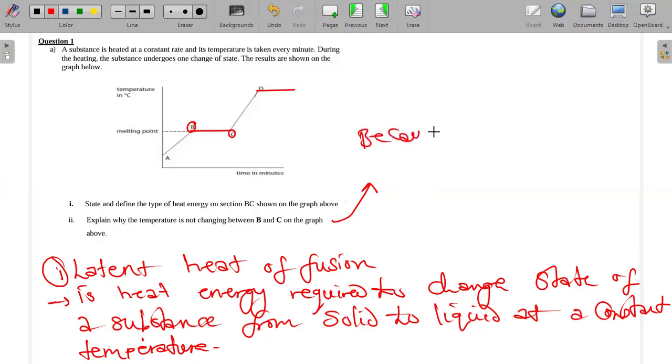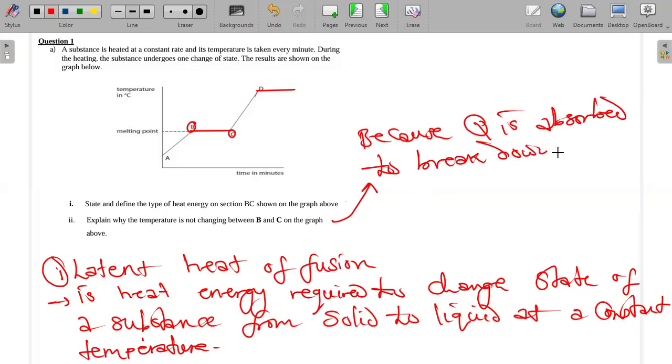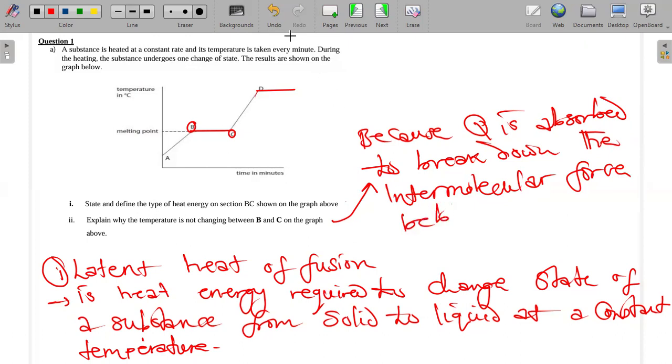So I'll just say because the heat, the Q, is absorbed to break down the intermolecular forces between the molecules like this.